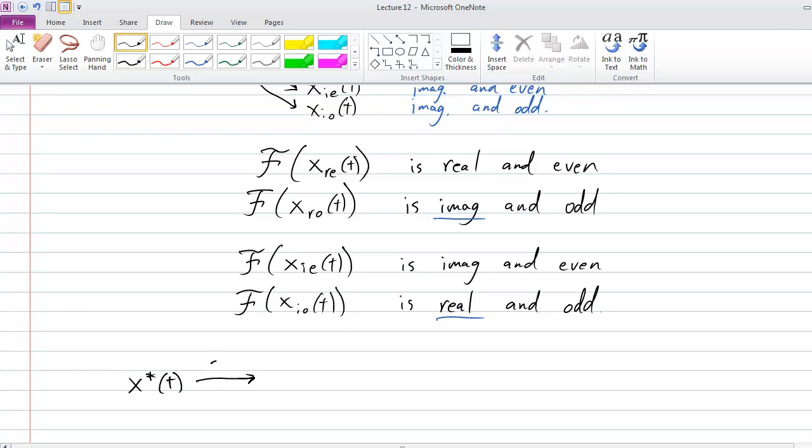When you do the Fourier transform of that, you get X conjugate of negative f. A little bit strange. You get the conjugate there, but you also flip it in frequency.